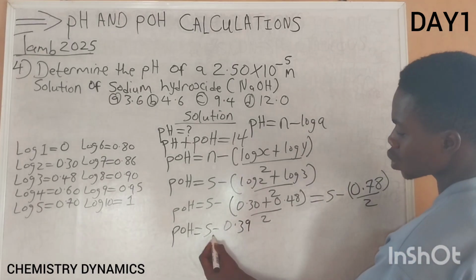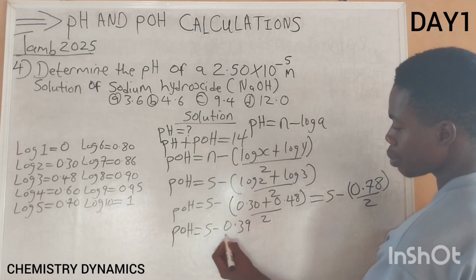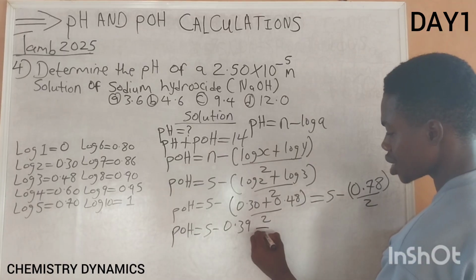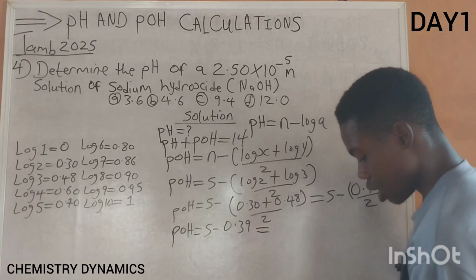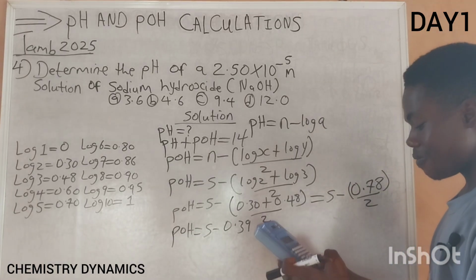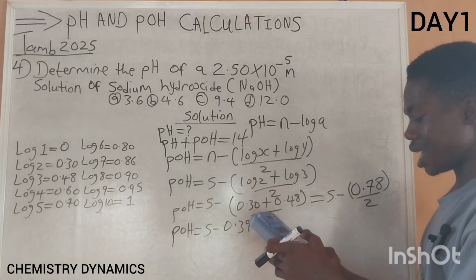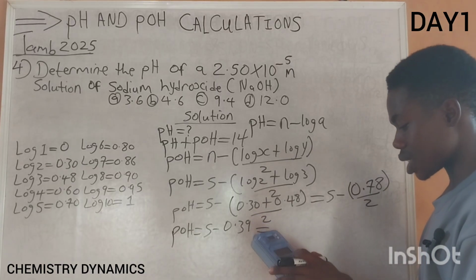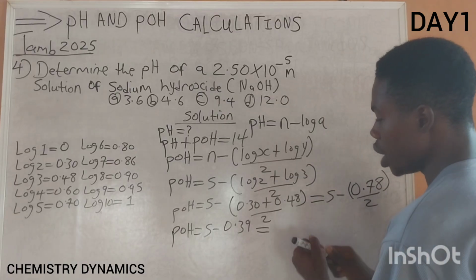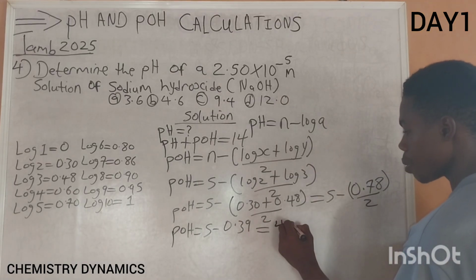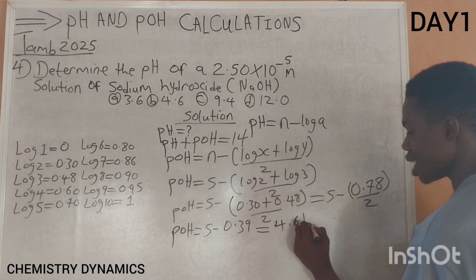Are you seeing it now? So to get our pOH, it will be 5 minus 0.39. So 5 minus 0.39 equals 4.61. So our pOH is equal to 4.61.